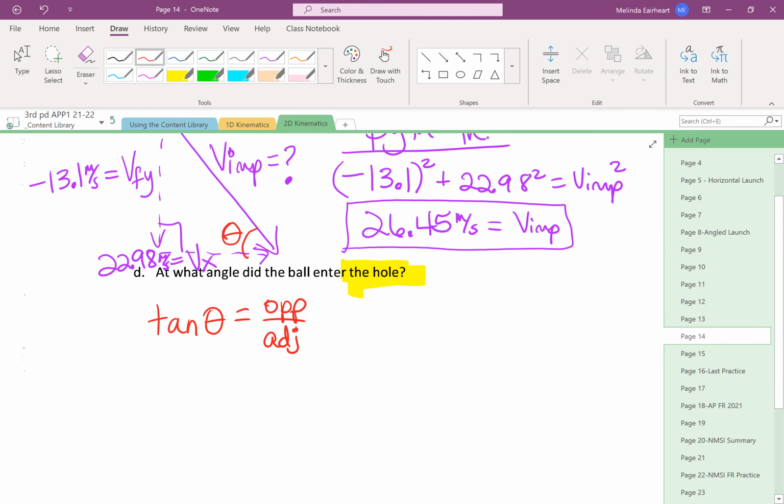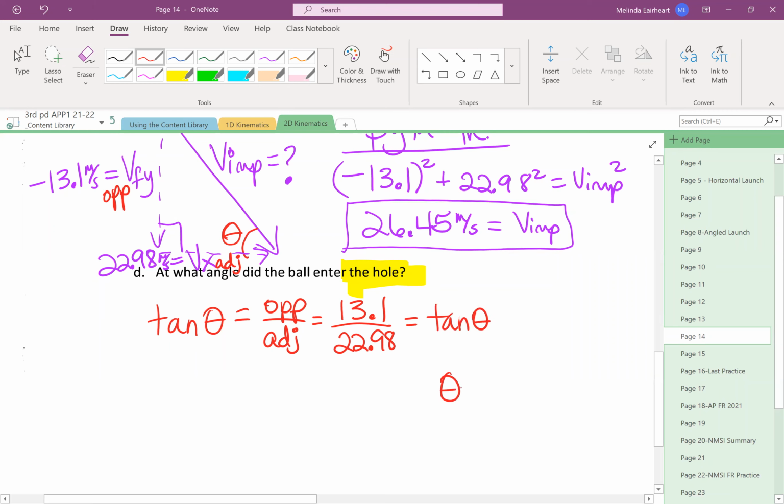Based on where my angle is, opposite is the VFY, adjacent is the X. Now tan, just magnitude it, okay? It confuses the quadrants. So I'm just going to do 13.1 over 22.98. When you get that, so 0.4 something, that's equal to tan theta. How am I going to solve for theta?